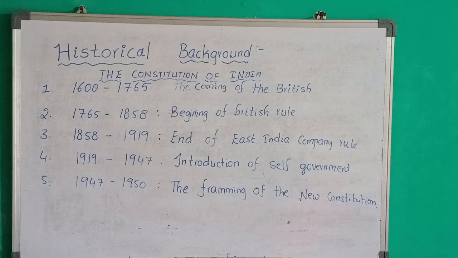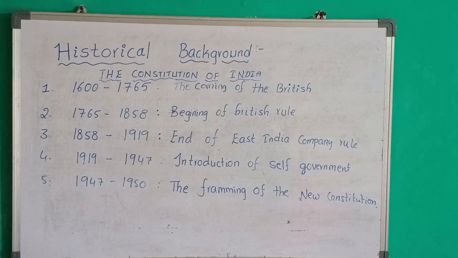We can broadly divide those phases into 5 periods: 1600 to 1765, the coming of the British; 1765 to 1858, beginning of British rule; 1858 to 1919, end of East India Company rule, nothing but the end of the company's rule; 1919 to 1947, introducing self-government; and 1947 to 1950, the framing of the new constitution.